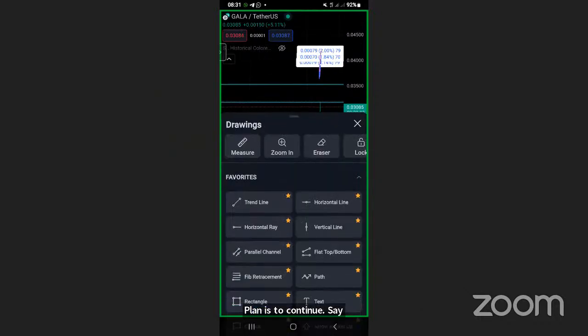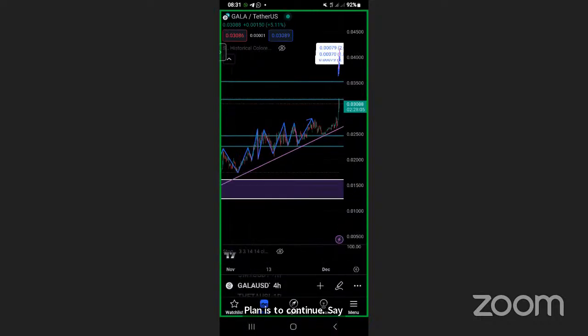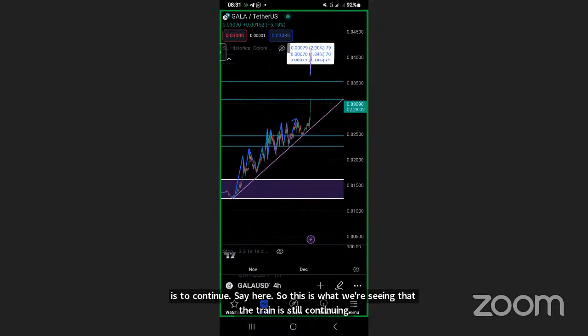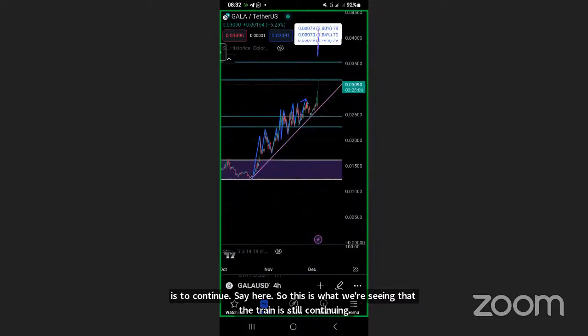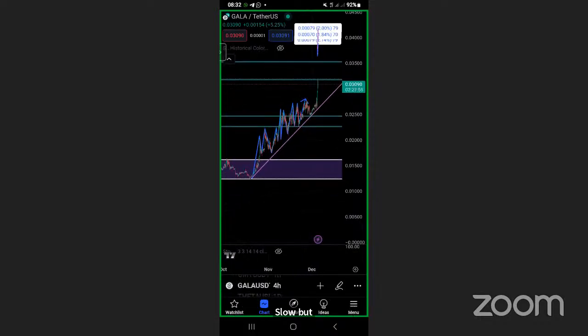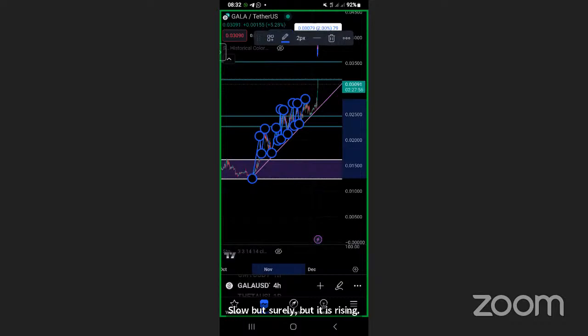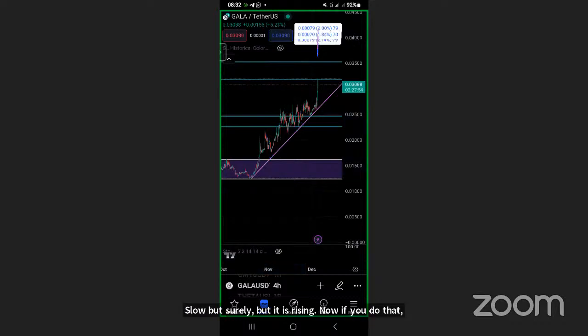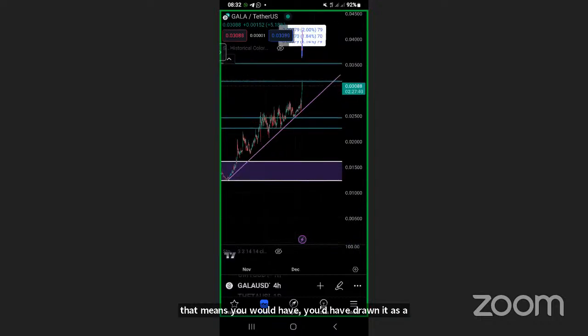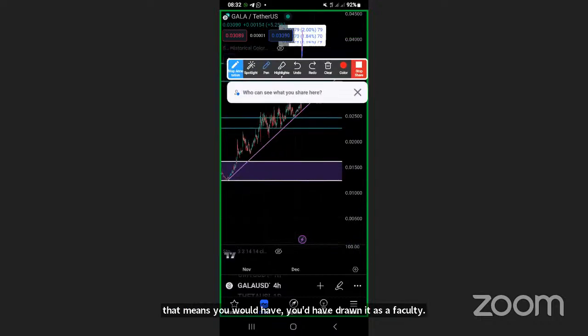See here? The trend is still continuing. It is slow but sure, but it is rising. You get that? If you do that, it means you would have drawn it as a support. You just want to see, because at one point there's a likelihood that the market price is going to reverse.